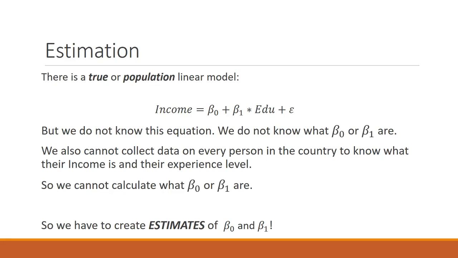We estimate what beta 0 and beta 1 are. We have to create estimates. We do not know the true relationship between education and income. We also cannot collect data on every person in the country, every person in the whole population, to know what their income is and their education level.